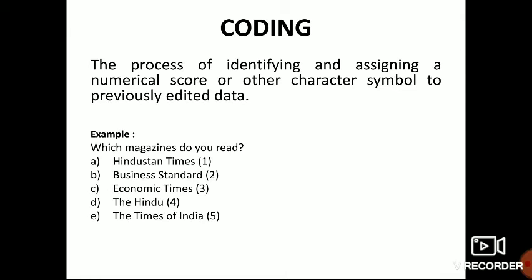Next is coding. Coding is a process of identifying and assigning numerical values or symbols to edited data. See here, there is an example question. How are this question's answers coded?